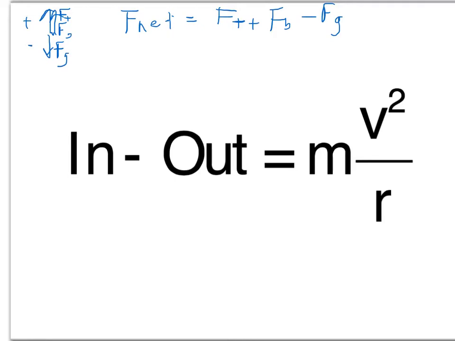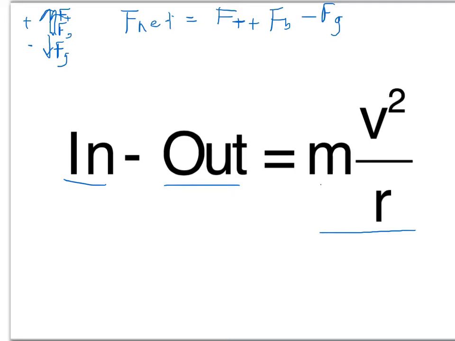In a circle, the directions are always changing. So what's up 1 second might be left the next second, might be down the next second. An easy way to do this with circles is to say the forces toward the inside of the circle minus the forces toward the outside are the net force, and those are equal to the centripetal force, mass times velocity squared over r.